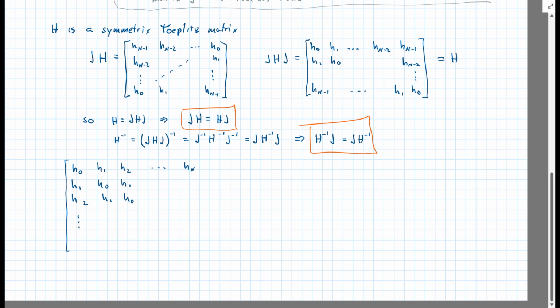This last row, or column rather, H_{n-1}, H_{n-2}, down to H1, H0. We're going to have now H_{n-1}, H_{n-2}, down to H1 and H0. So we're going to partition this matrix in this manner.